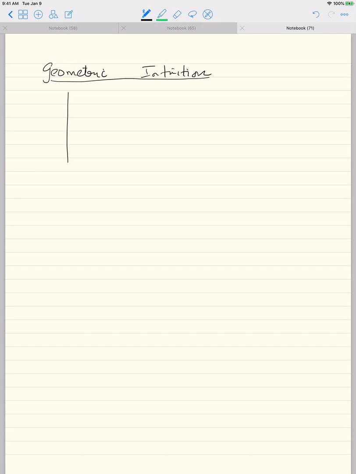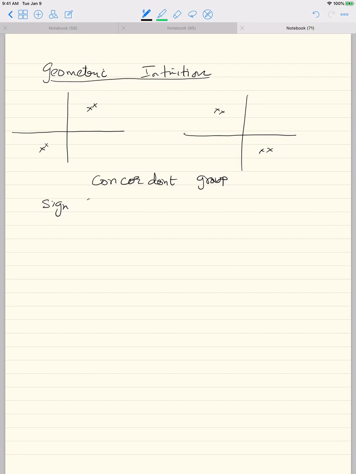This is similar to the intuition we had for the Kendall tau test. Imagine our 4 samples are like this or like this. In this case, we have a concordant group, and the sign of A of x1 to x4, A of y1 to y4 is going to be positive.